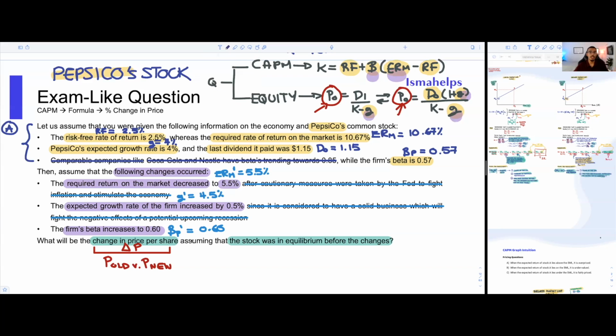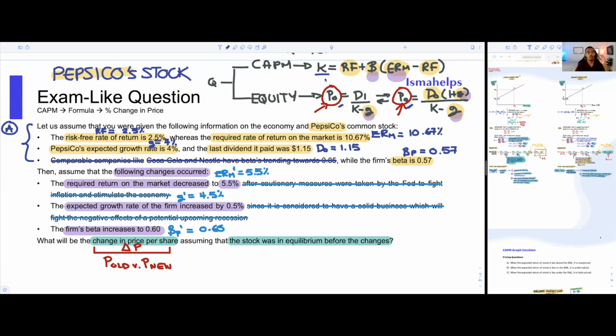We're telling you that in the past, there was the following state of the economy, the following numbers, the following information. And that's what we had in the past. What's interesting is that with all these inputs, we could have solved for K, right, with all the information that was highlighted in yellow. And we could have also solved for P0, the price. We could have done that with all the information we had in A, right?